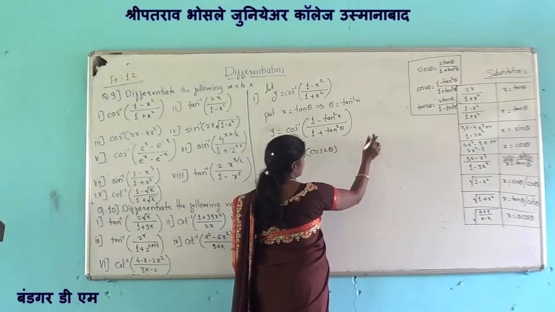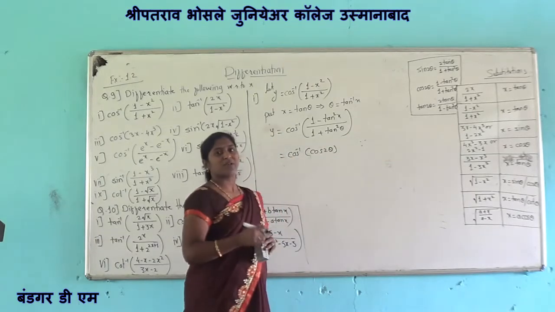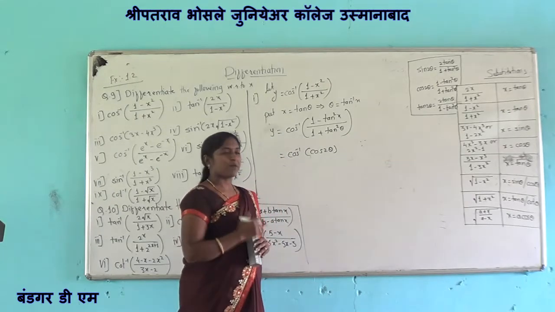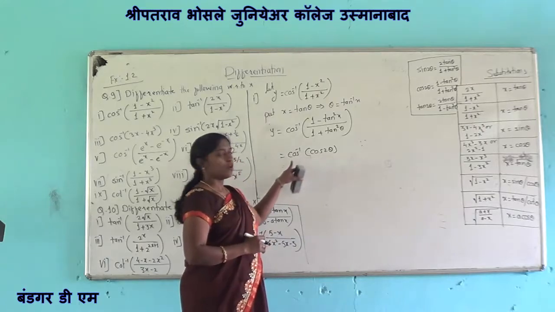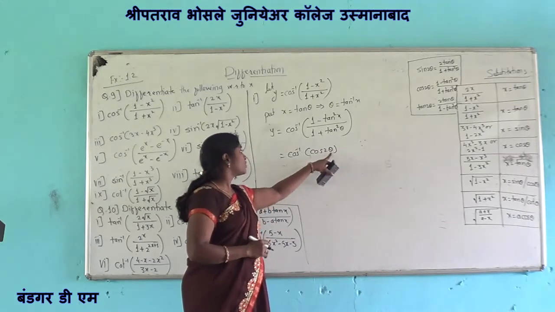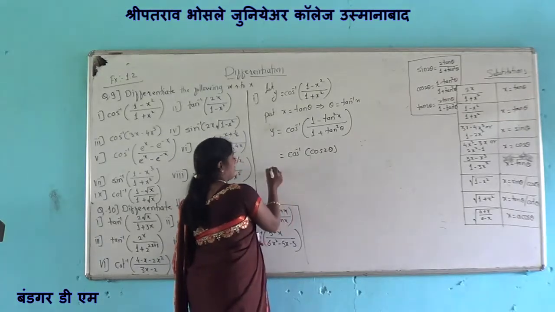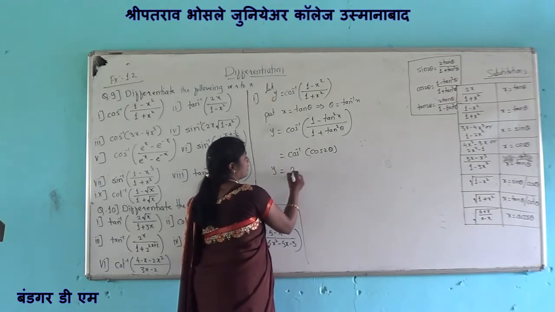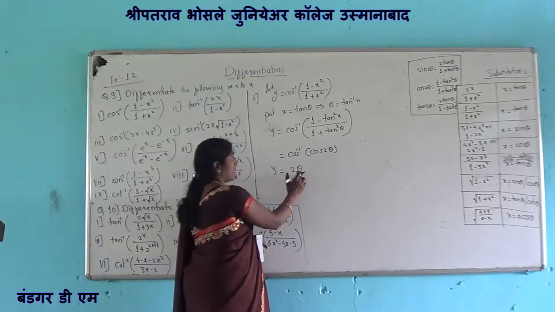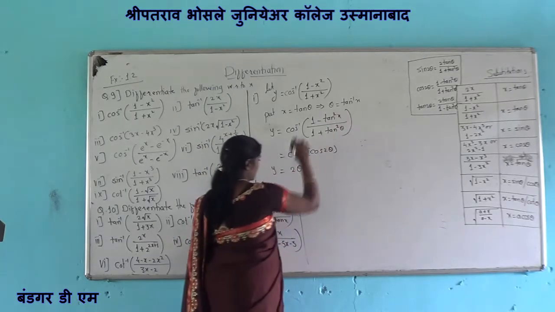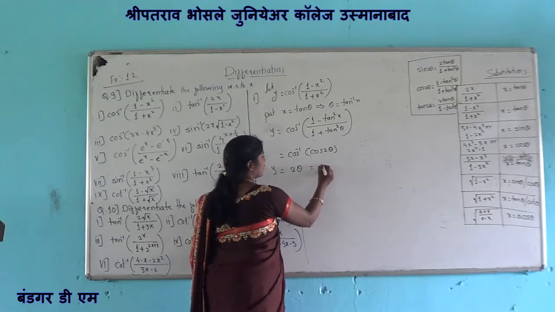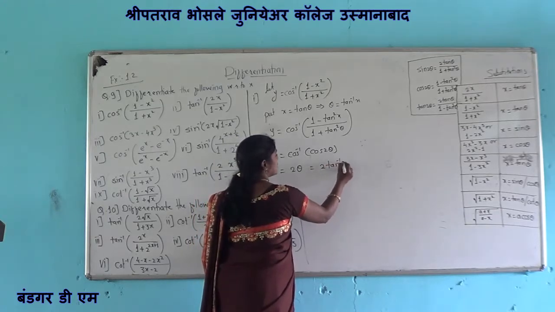Now, cos 2 theta is equal to 1 minus tan square theta upon 1 plus tan square theta. So, we can write cos inverse of cos 2 theta. Now, cos inverse and cos get cancelled, and we get y is equal to 2 theta, where theta is tan inverse x. So, y is equal to 2 tan inverse x.